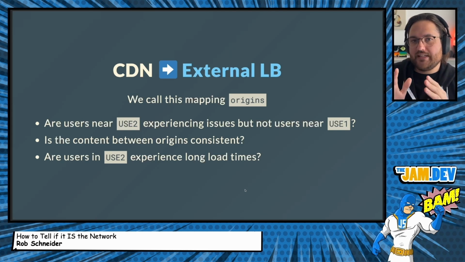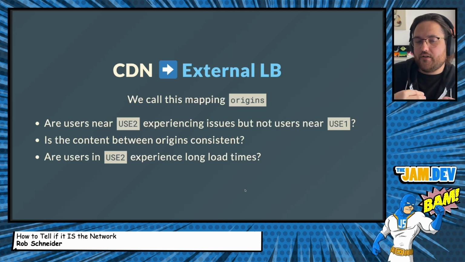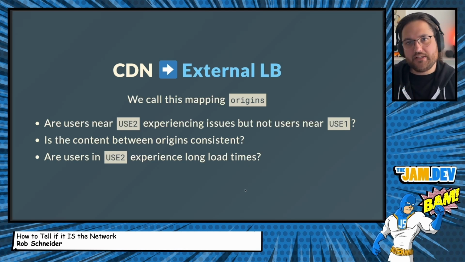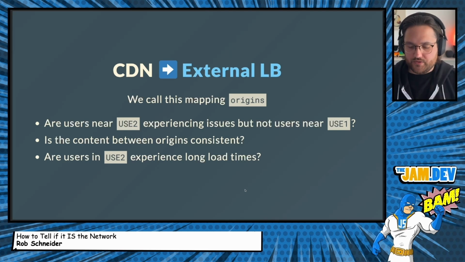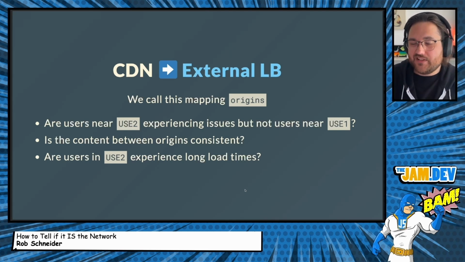And when there's an issue at this layer, you'll start to see things like, oh, I have customers that are closer to US East 2 that are experiencing issues, but US East 1 is not. Or maybe the issues that they're experiencing are intermittent, right? So that might hint that there's some kind of issue with the origin. Now this one's super simple to check.